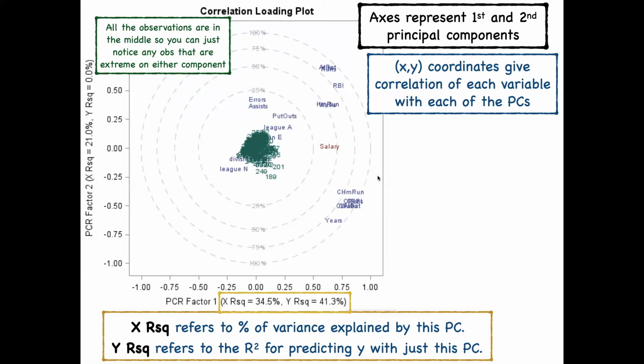Now this is actually a good place to point out that for correlation PCA, the loadings actually do represent correlations of the variables with the principal components. That is only true for correlation PCA.